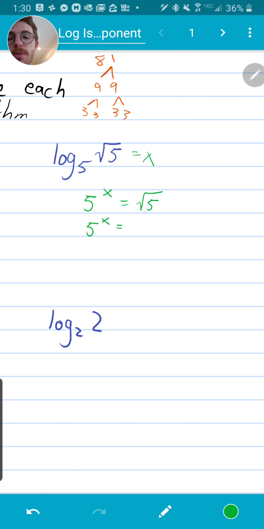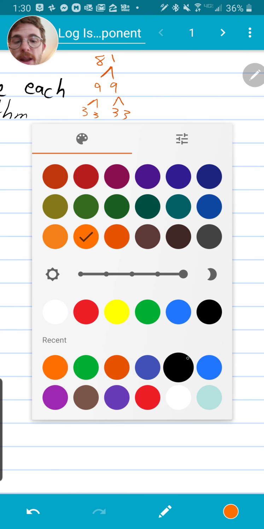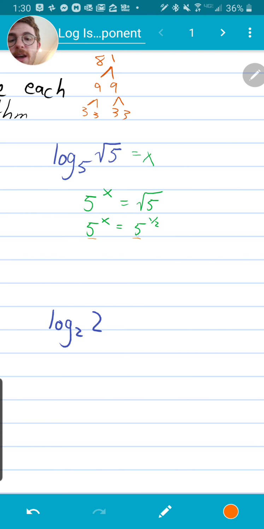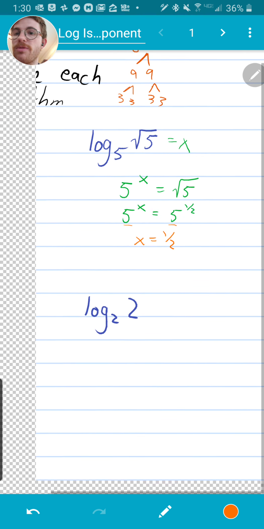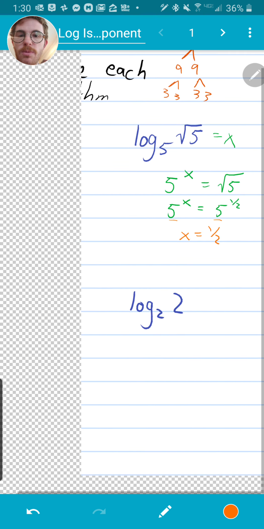Well, we can rewrite square root as an exponent. Square root of 5 is the same thing as 5 to the 1/2 power. Now that we have the bases the same, we can compare the exponents, so that must mean that x is a half. That means that log base 5 of the square root of 5 is a half. We've evaluated. We found the solution.